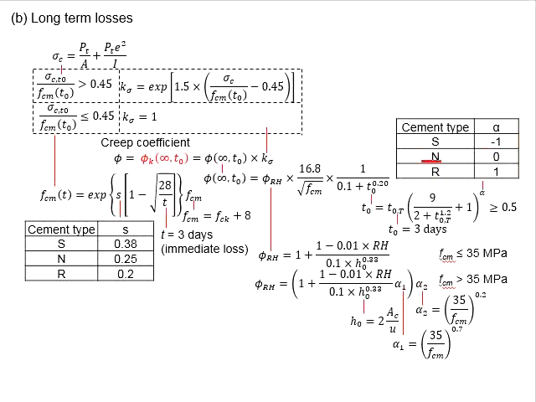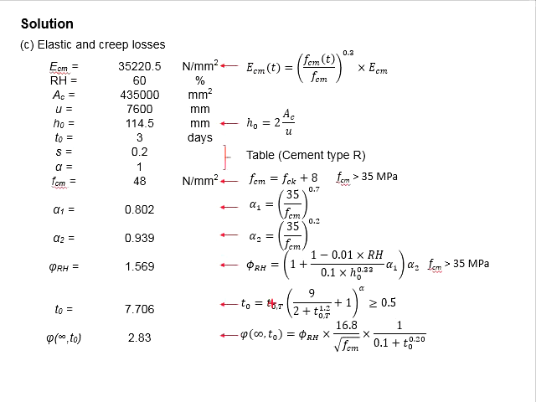Type R is being used, therefore the alpha will equal 1.0. Substitute into the equation here, you will get t naught equals 7.706. Now you have this phi RH and t naught obtained. Substitute into the equations, you get this creep here equals 2.83.